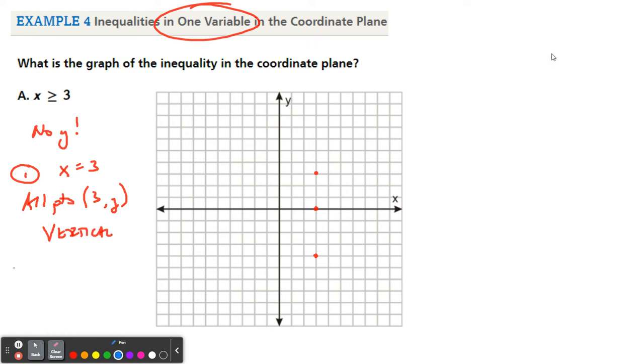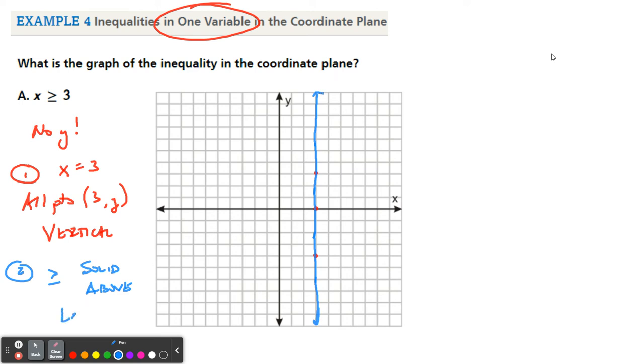Now, the second part is, what about the type of line? Well, it is a greater than or equal to. Equal to means solid. Greater than means above. Now, in this case, let's watch. When I make this solid vertical line, I don't have above or below.